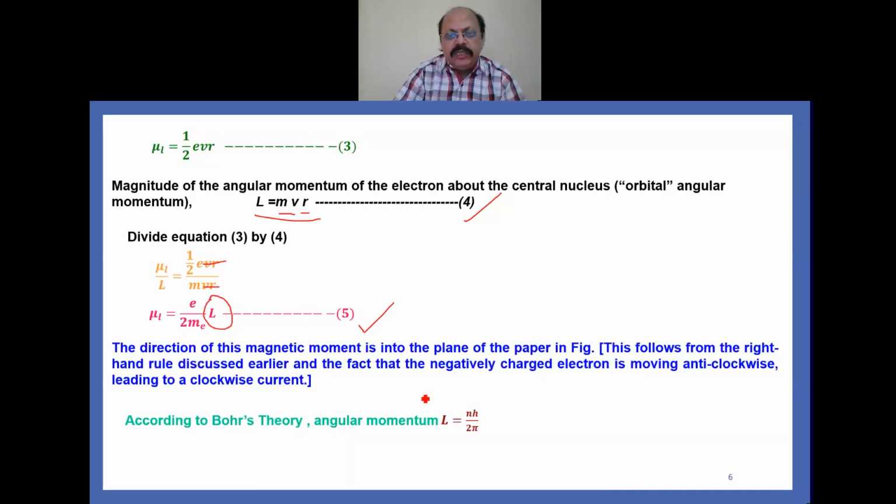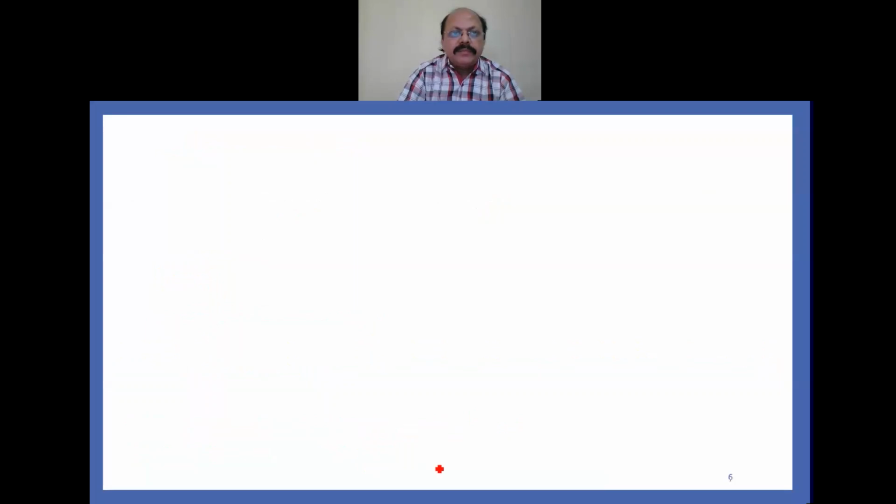Now substitute this value in equation number 5. Then equation 5 becomes mu L equal to e upon 2me into nh upon 2 pi. Then it becomes neh upon 4 pi me. Mark this equation number 6.